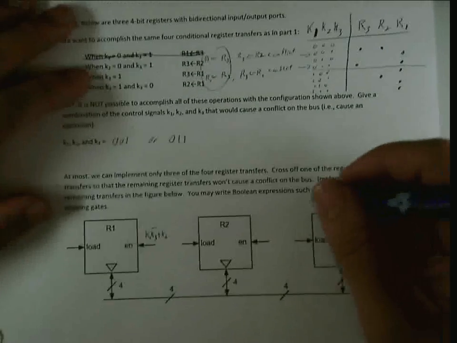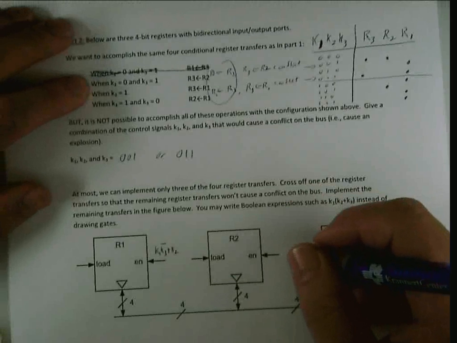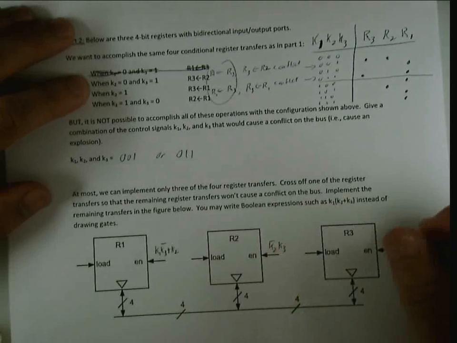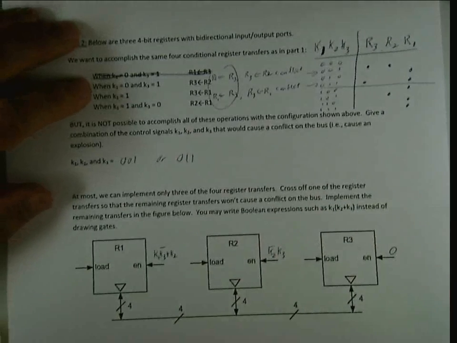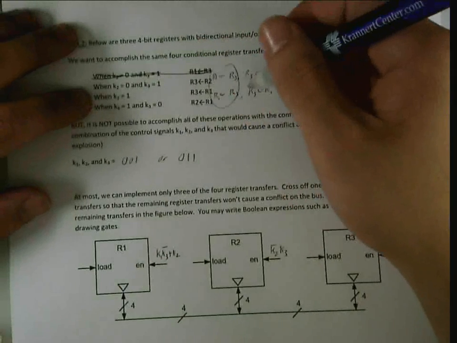You want to put R2 onto the bus when we have K2 bar K3, and you'll never want R3 on the bus. Then what comes up next? Loads.